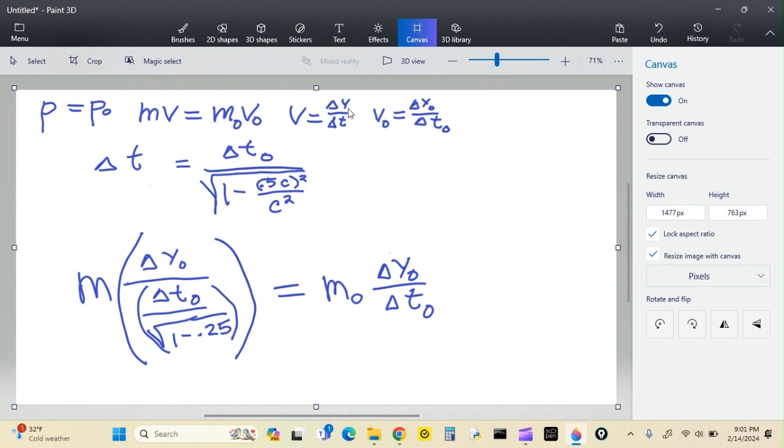Now, delta y and delta y0 are the same thing, so we can use that interchangeably. Now for the hard part. Delta t as compared to delta t0 looks like this.